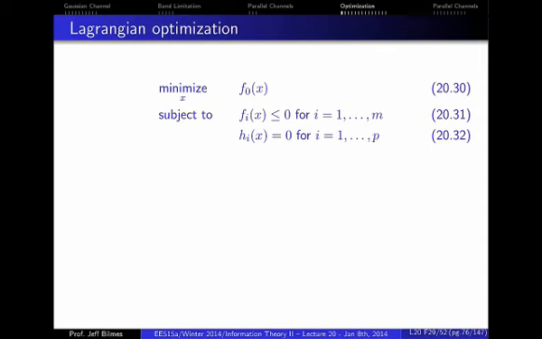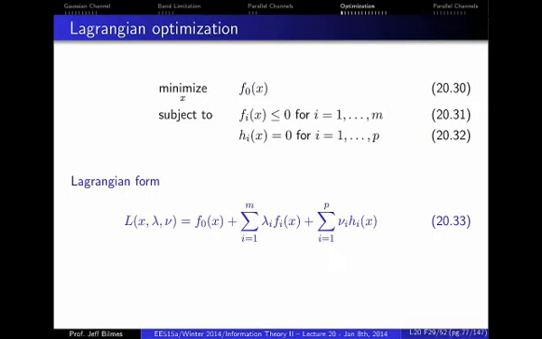And the question is, how do we solve these kinds of things in general? Well, the first thing that's typically done is you form a Lagrangian and use Lagrange multipliers. So we have a set of Lagrange multipliers, lambda and nu. Depending on what type of constraint it is, we use either lambda or nu: lambda for the inequality constraints and nu for the equality constraints.